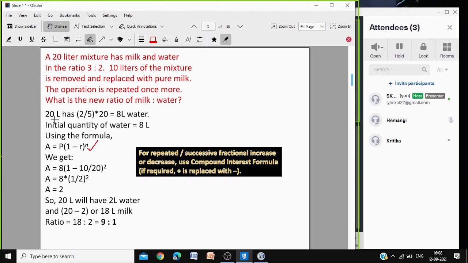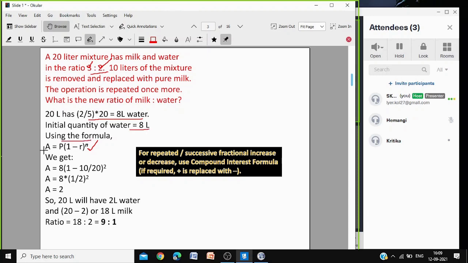So 20 liters, when you have the 3:2 ratio, 3 by 5 will be milk and 2 by 5 will be water, right? So initially we have 8 liters of water. 20 liters divided in the ratio 3:2, 2 parts out of 5, that is 2 by 5, gives 8 liters of water. Now the initial quantity is 8 liters, so use the formula.